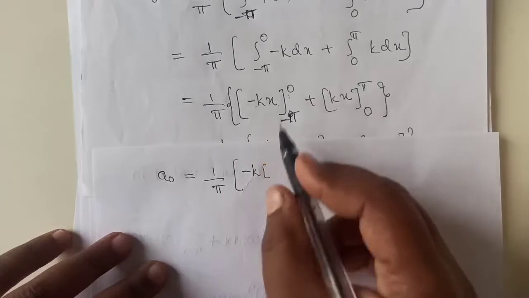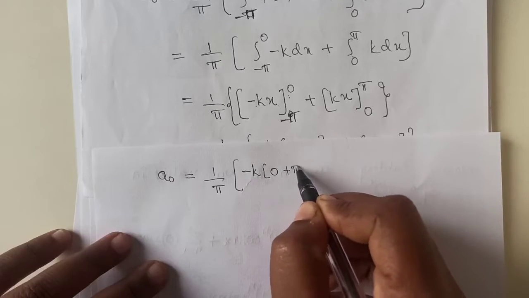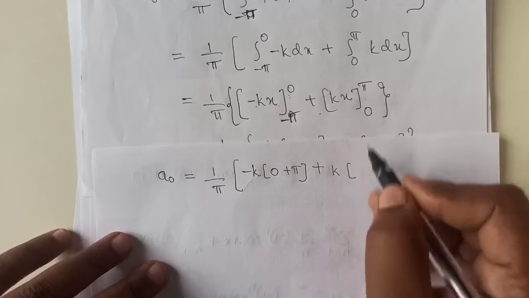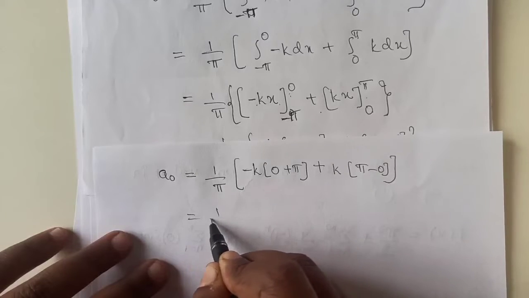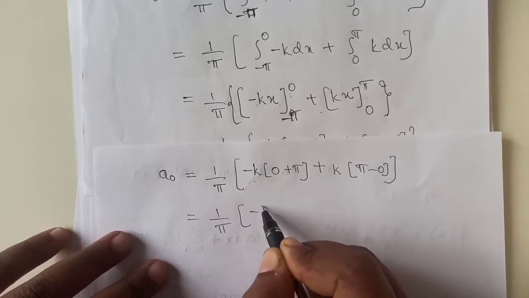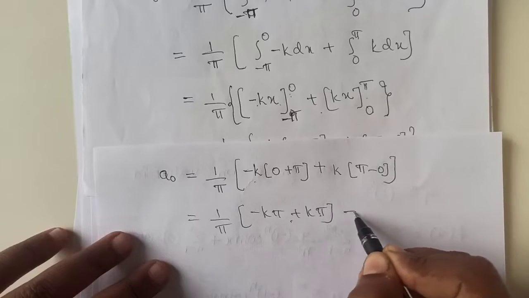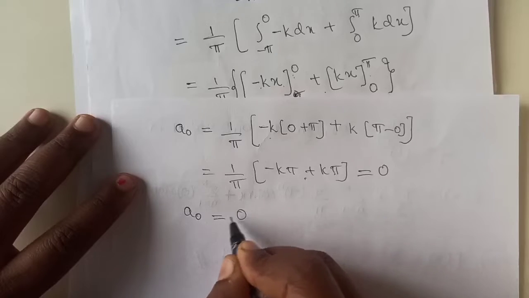Applying upper limit minus lower limit, minus into minus we get plus pi, plus k into upper limit minus lower limit. So simplifying we get 1 by pi, minus k pi plus k pi. So this gets cancelled, we get 0. Therefore a naught value is equal to 0.